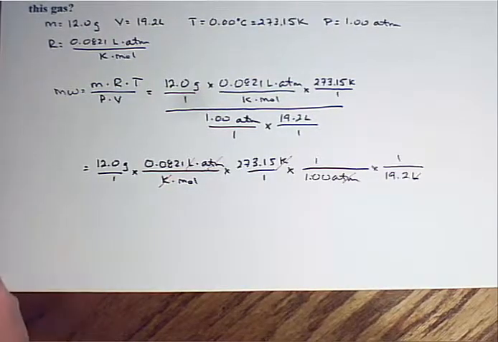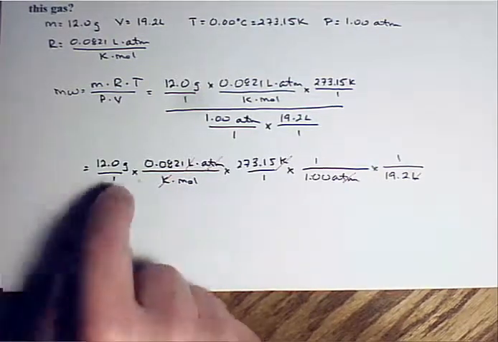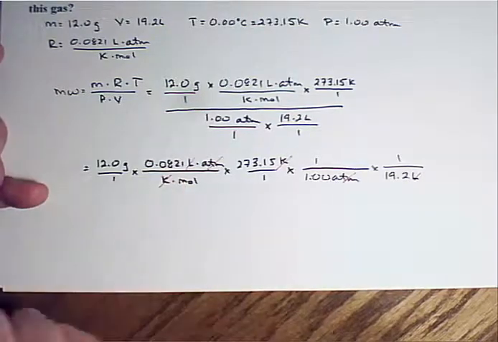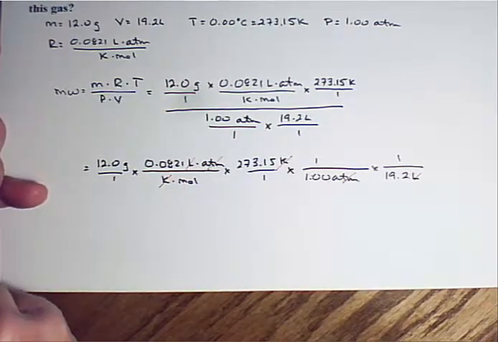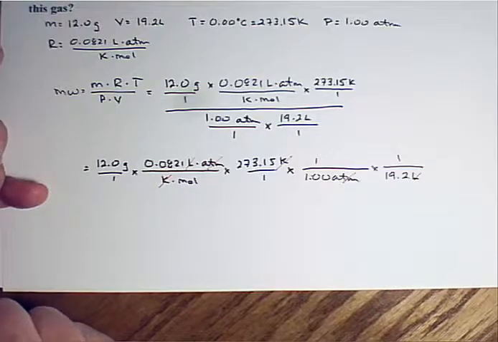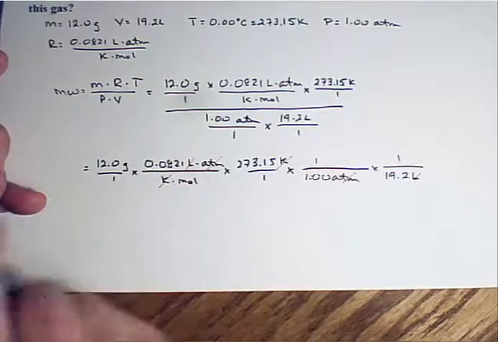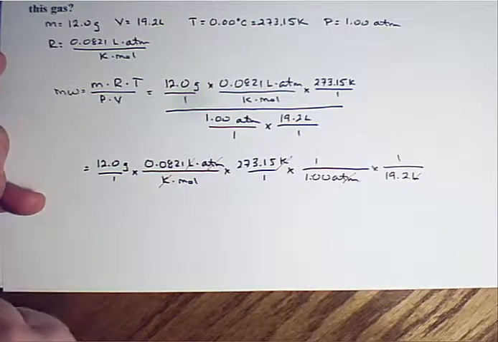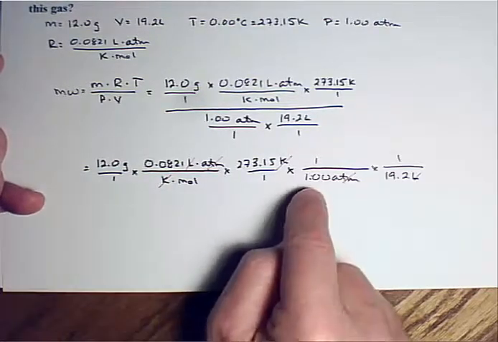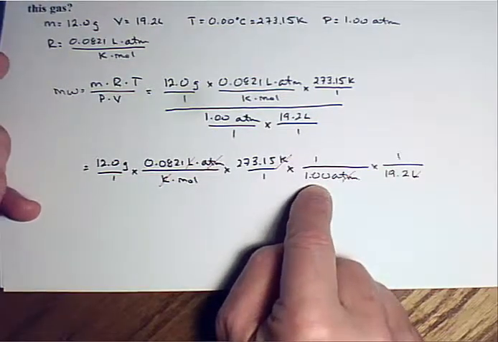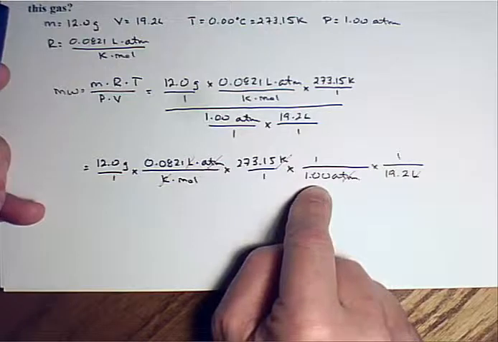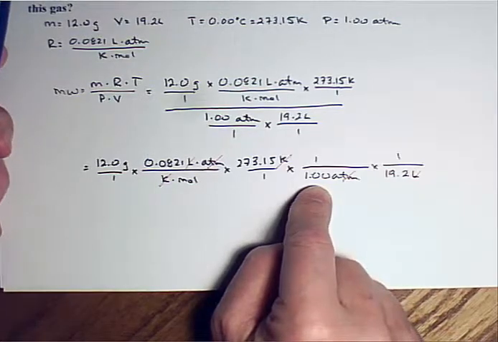So 12.0 times 0.0821 times 273.15, then divided by 1, but dividing by 1 just gives us the same answer, right? So I can skip that step if I want to.